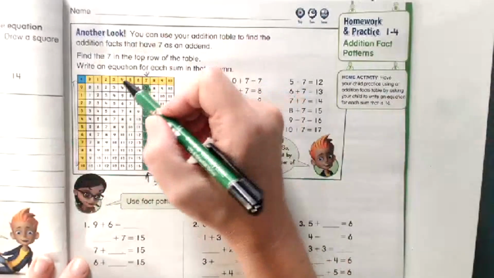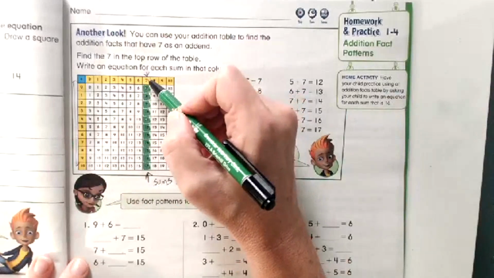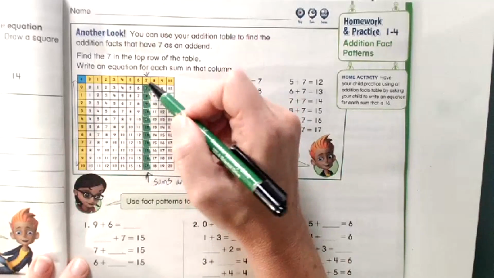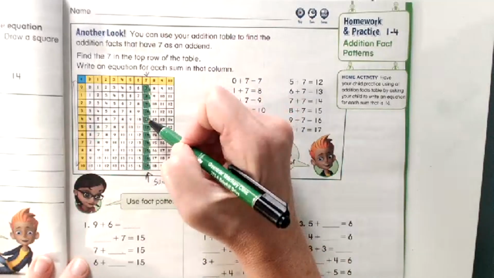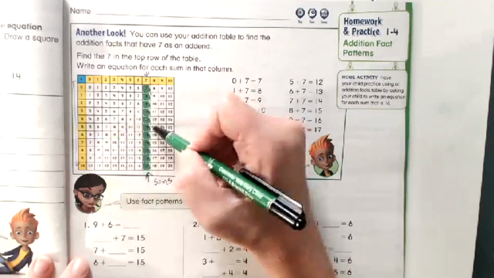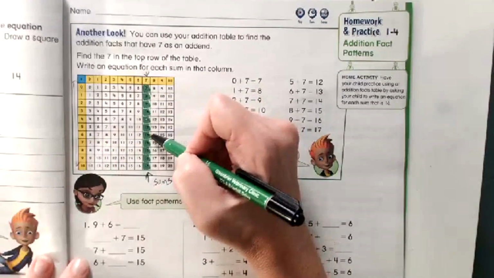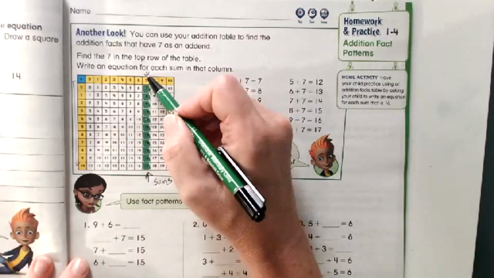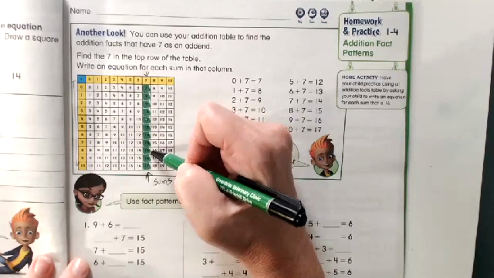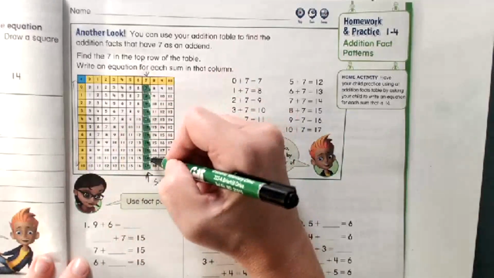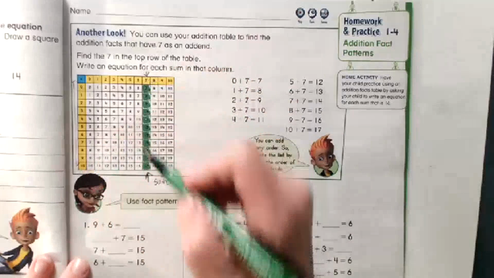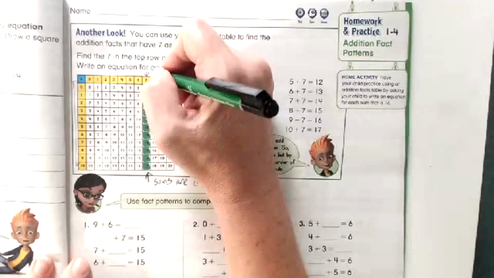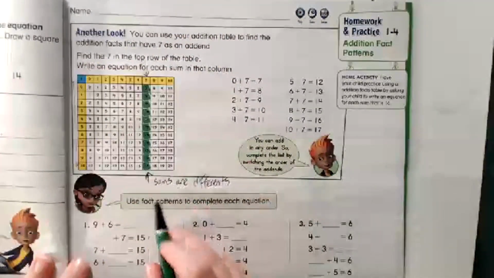So we have 7 plus 1 equals 8, 7 plus 2 equals 9, 7 plus 3 equals 10, 7 plus 4 equals 11, 7 plus 5 equals 12, 7 plus 6 equals 13, 7 plus 7 equals 14, 7 plus 8 equals 15, 7 plus 9 equals 16, and 7 plus 10 equals 17. So this add-in is the same, this add-in changes, and then the sums are different.